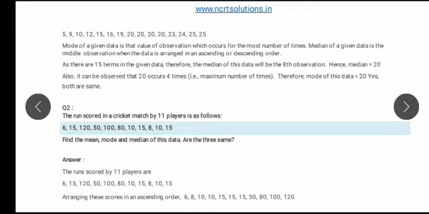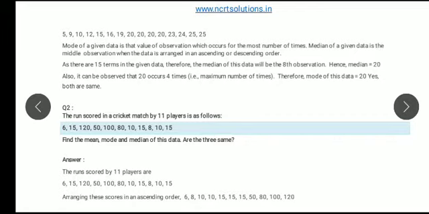See 20, 1, 2, 3, 4. 20 is coming 4 times, so the mode will be 20. So the mode is 20.